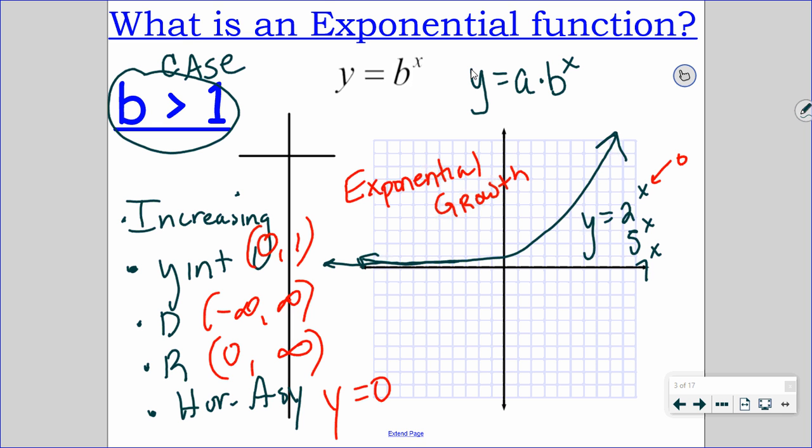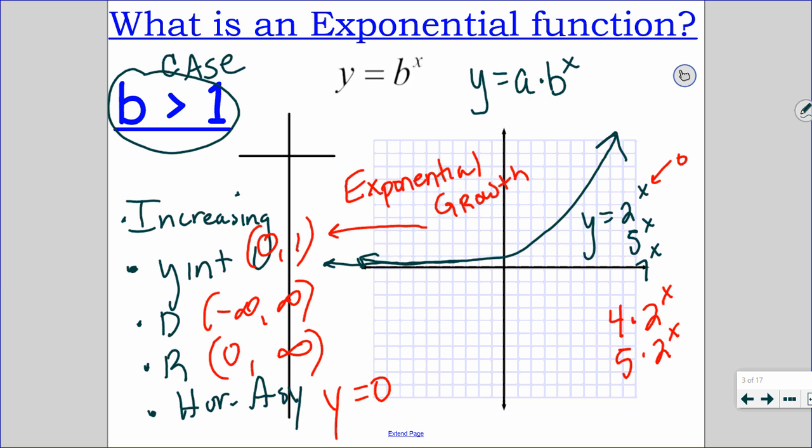All right, now I'm going to change it a little bit. It's going to go back to Adam's answer, right? A y-intercept. If I change this function to 4 times 2 to the x, or 5 times 2 to the x, or 7 times 2 to the x, how do you think it changes the y-intercept? Okay?